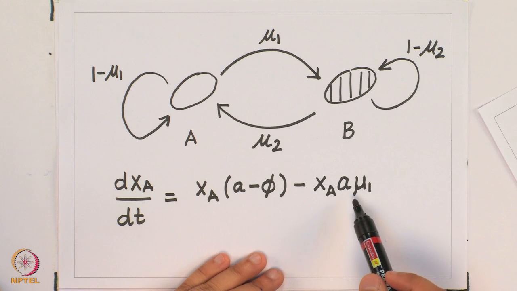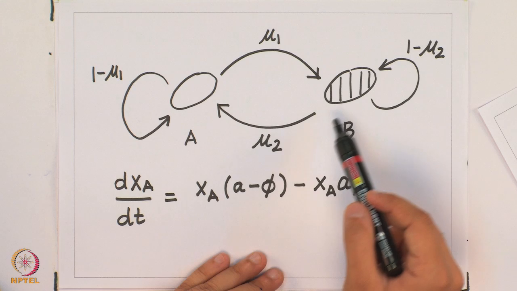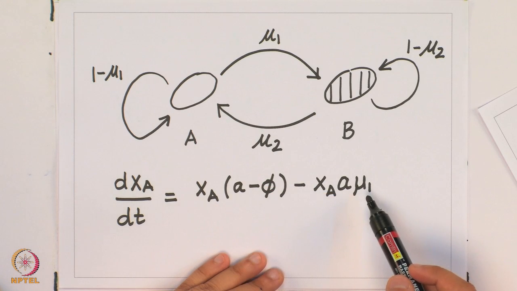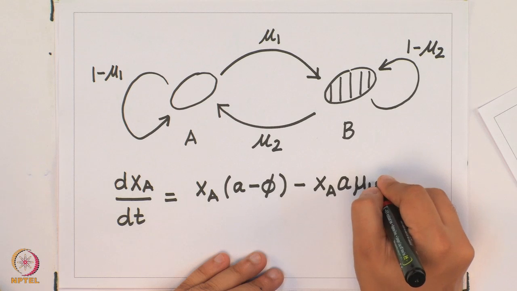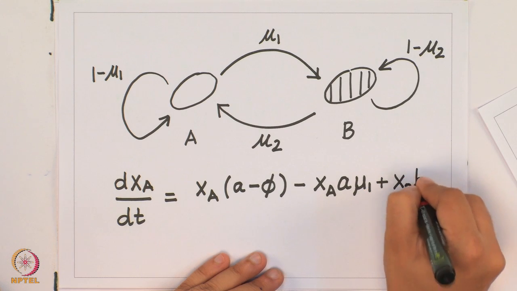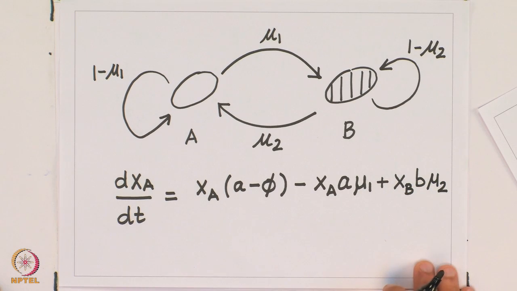So, those have to be subtracted, but at the same time while this genotype is replicating, some A genotypes are also produced which have not been taken into account so far. So, to do that we have xb times B times mu2.